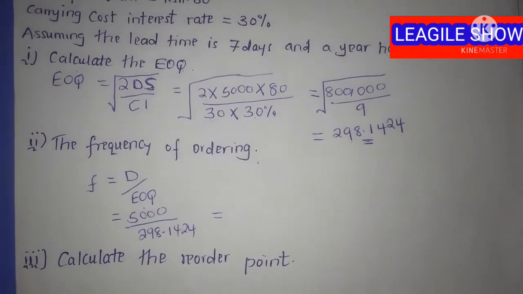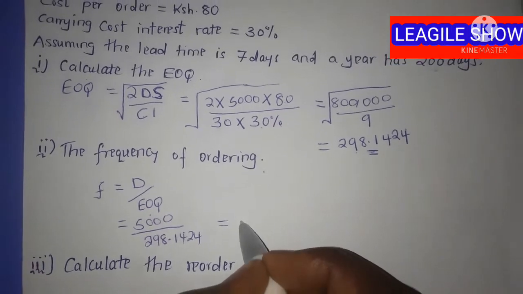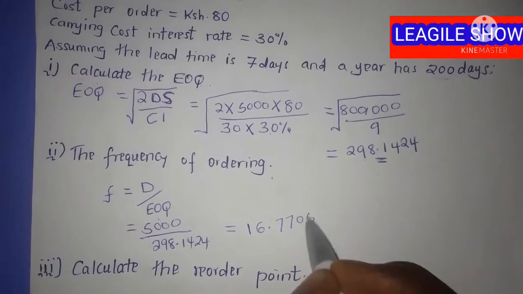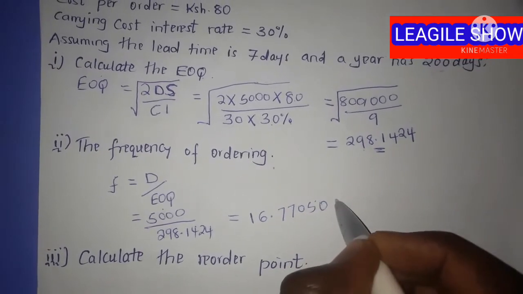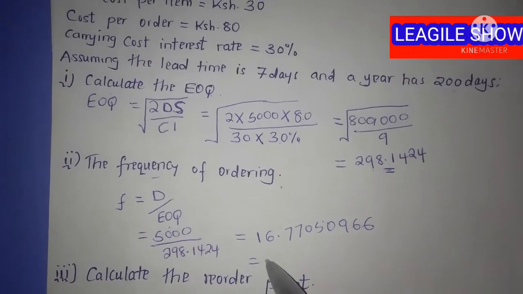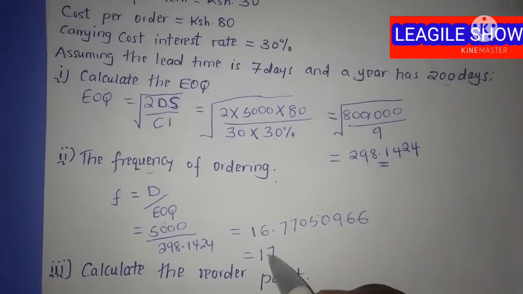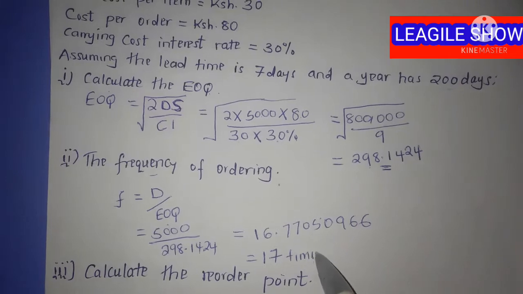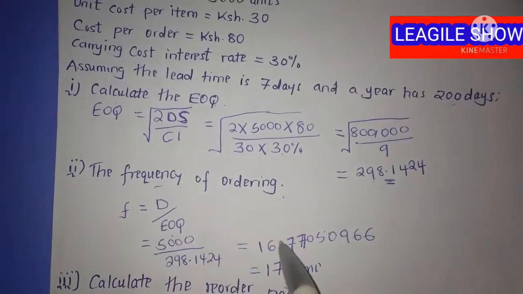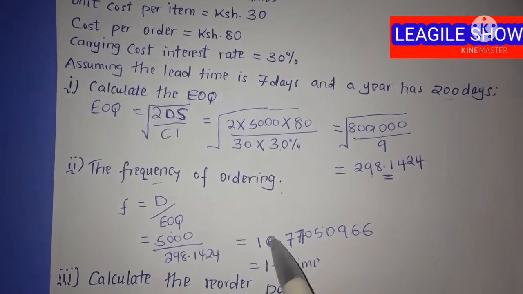Now the answer becomes 16.7705096, but the frequency will be around 17 times. Remember, you cannot have a decimal in terms of frequency. It should be a whole number.